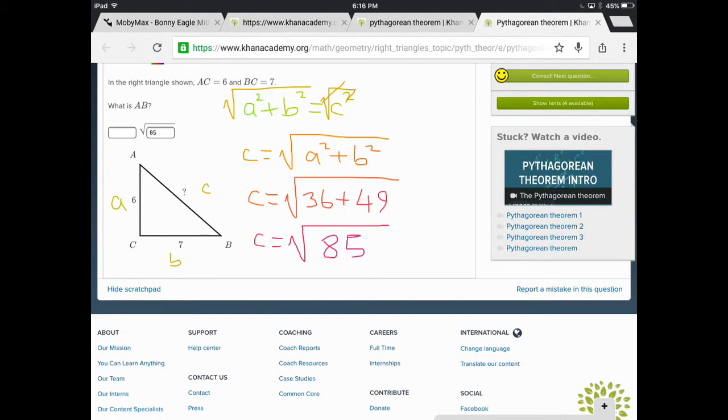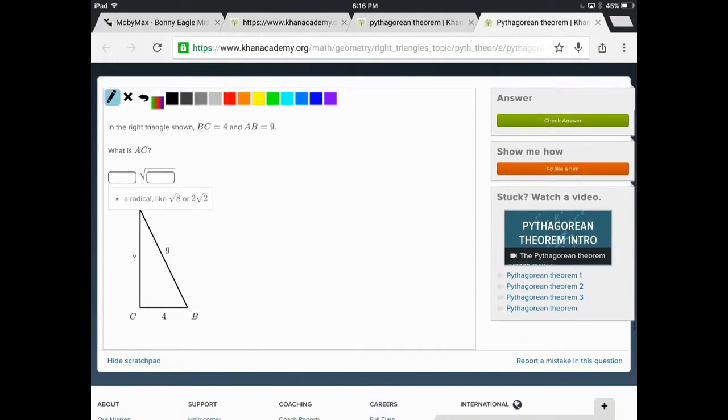I would like to look at just one more with you so that you can see, again, another situation where we need to manipulate the formula to find what we're looking for. We don't have a, we've got b and c, which means that we're looking for a squared equals c squared minus b squared.